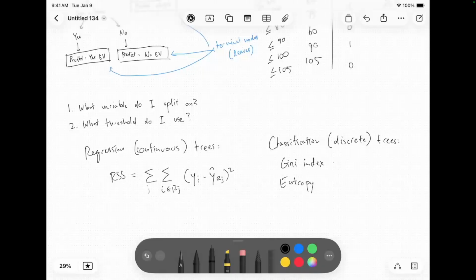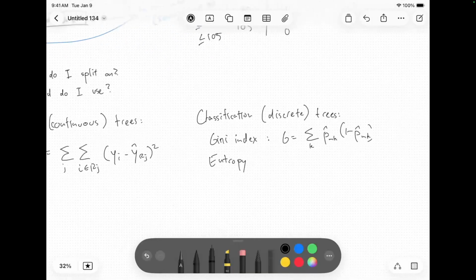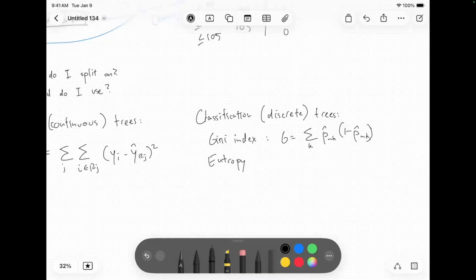And these are as follows. So G is equal to the sum of the fitted probability times 1 minus the fitted probability.